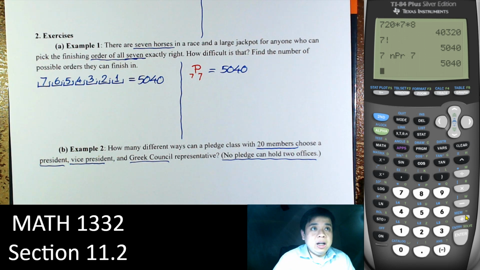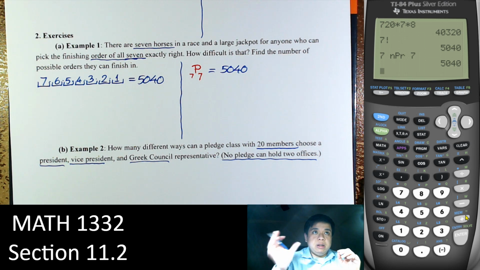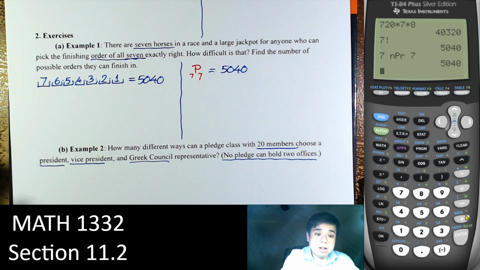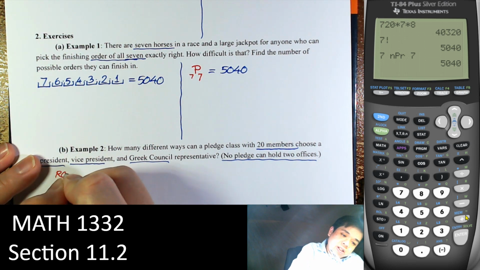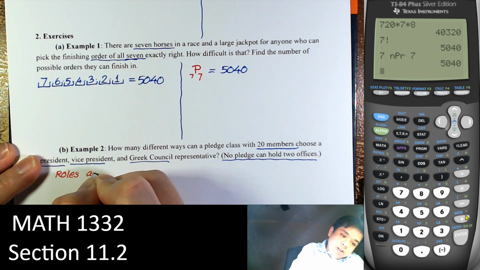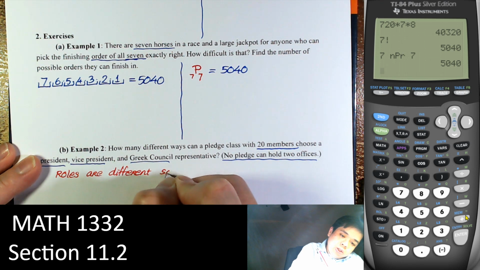Order does matter because, let's say the first person is the president and the second person is vice president, their roles are different if they interchange, right? So order does matter. Roles are different.